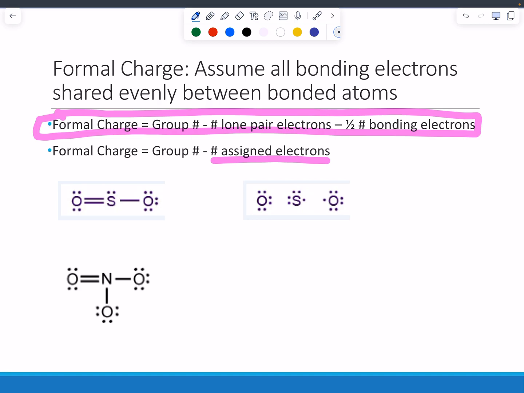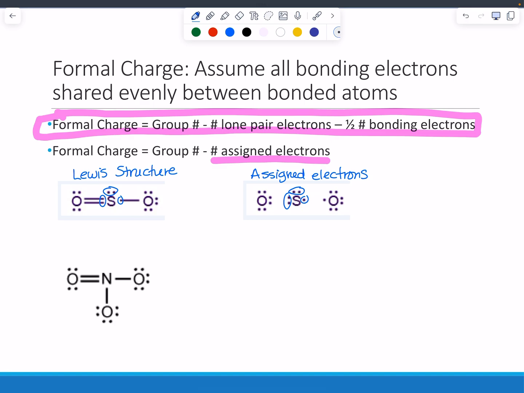This is your Lewis structure. And if we look at the figure on the right, this is showing you the assigned electrons. I've got my lone pair here, and then I've got 1 electron per bond: 1, 2, 3.